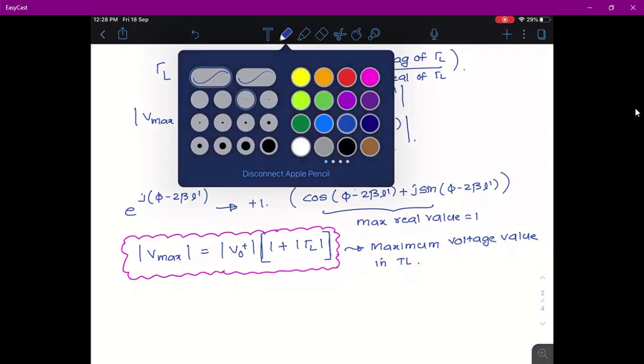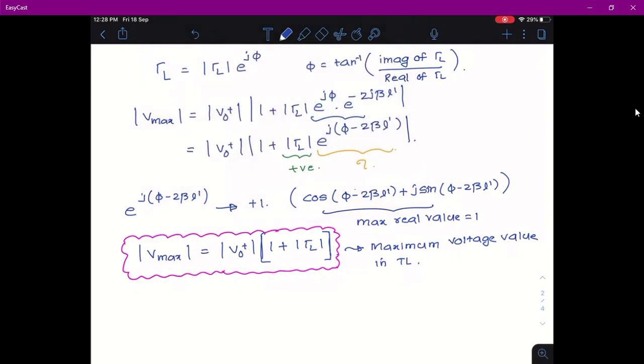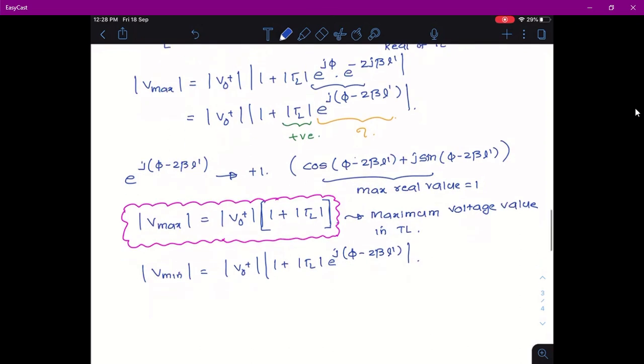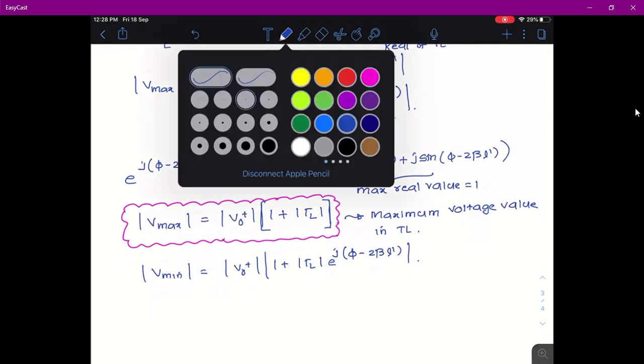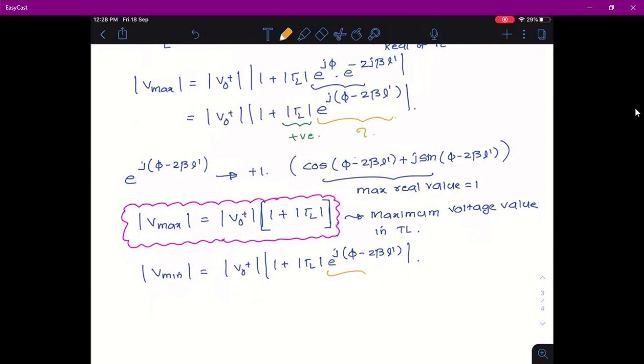So, can we find the minimum voltage value? If you go through the same procedure, you see V min has a similar expression, where you have V0 plus, magnitude of 1 plus mod tau_L e raised to j(phi minus 2 beta L dash). Okay. So, the minimum value will also depend on this.